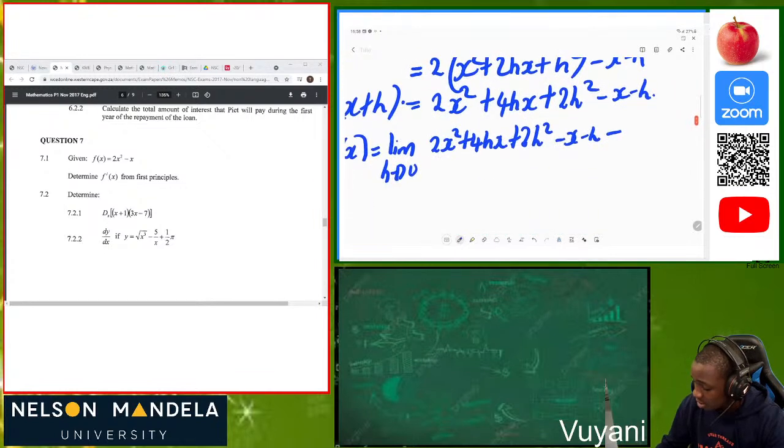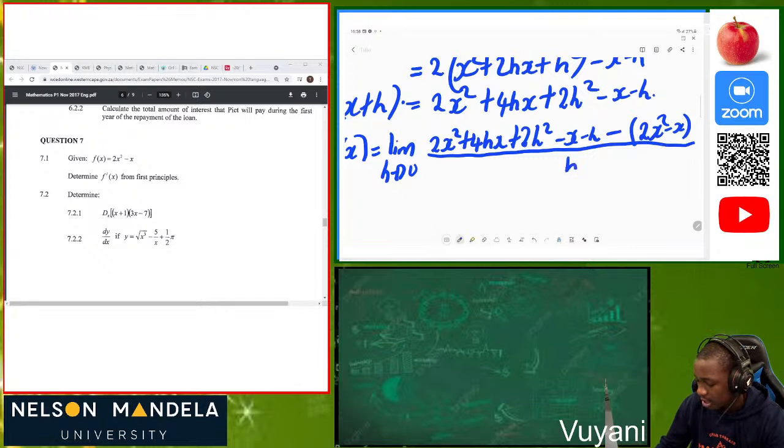Our f of x is open bracket. Please, open bracket is essential, because that minus sign affects everything of f of x. So we're going to have 2x squared minus x, then you close bracket, then we divide everything by h.